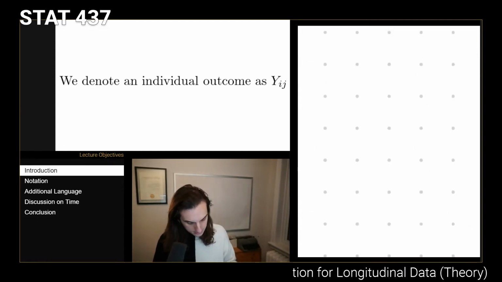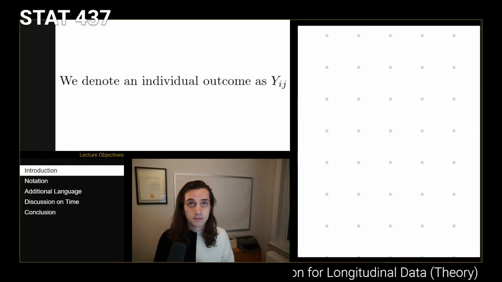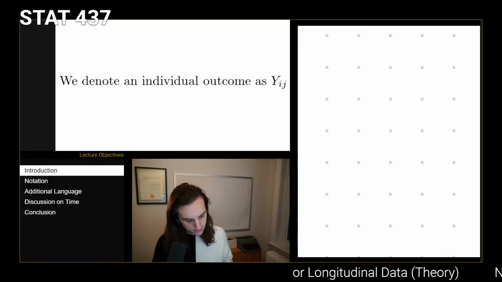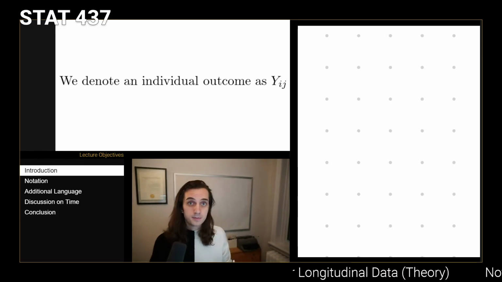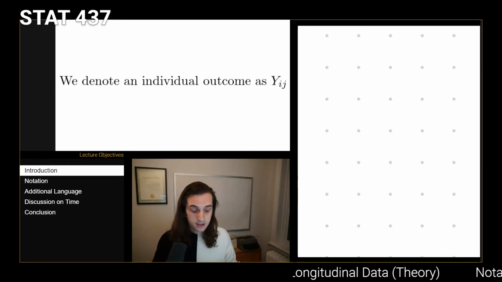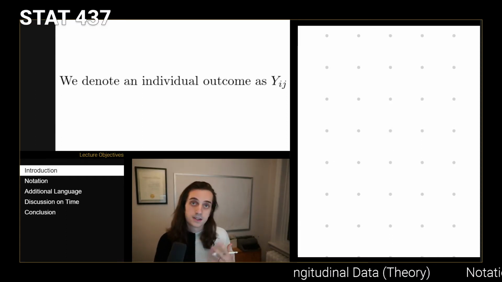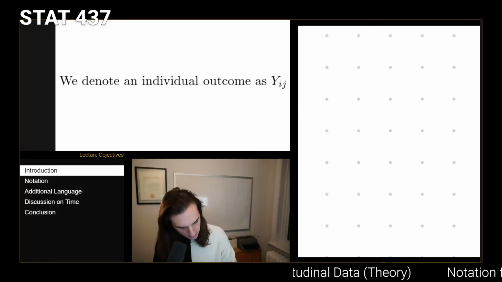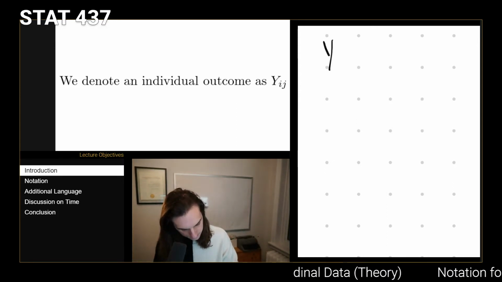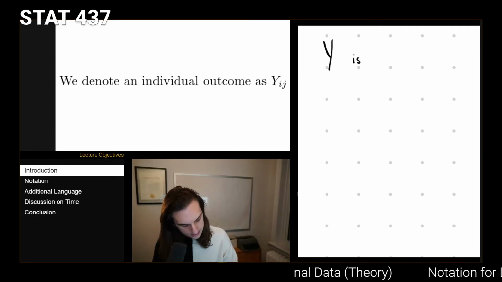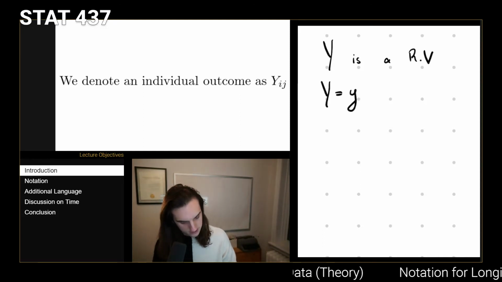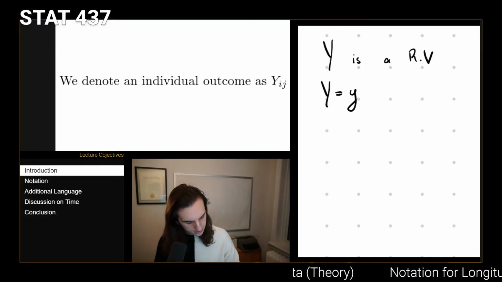As a brief review of notation that's standard across your statistics courses generally, and that we'll continue with here, we're going to typically use capital letters as random variables and then lowercase letters as observations of those random variables. So we might have that capital Y is a random variable, and we might be able to say that Y equals lowercase y, as a realization.